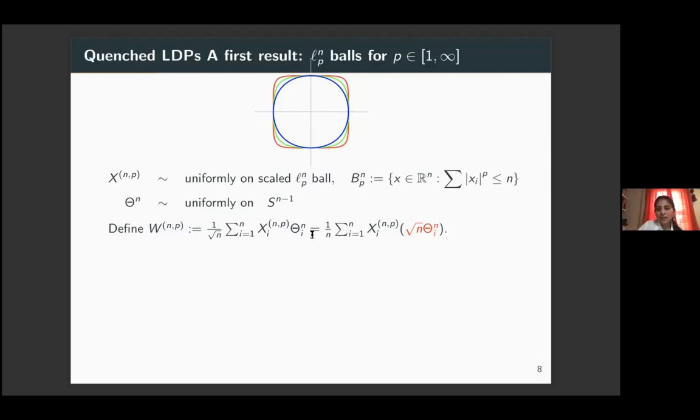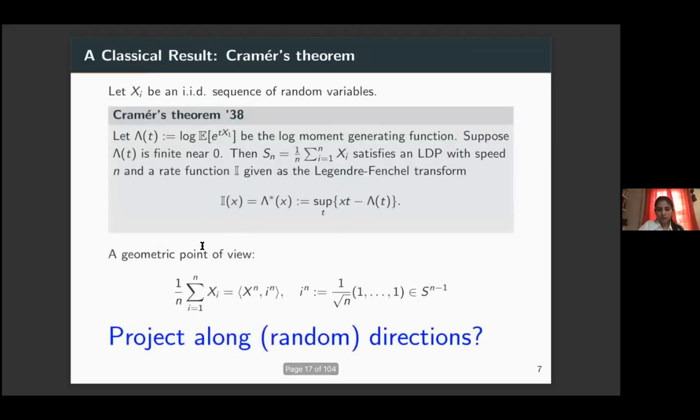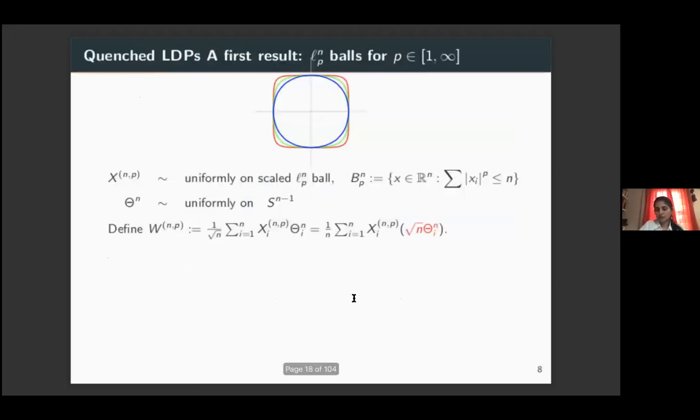And then you define the projection simply as the scalar product, but now scaled by an additional 1 over root n, because I'm looking at large deviation principles. So I want to look at how Wn fluctuates at order root n. So I divide by root n, as you would do for the 1, 1, 1 case. If you want 1 over n, then you would have to take 1 over root n times the scalar inner product of these two things.